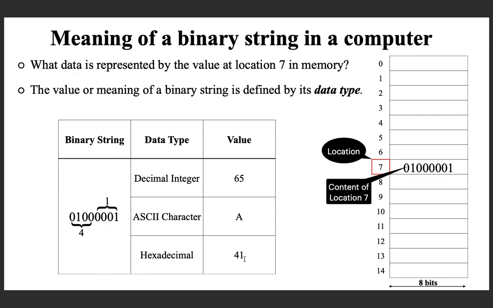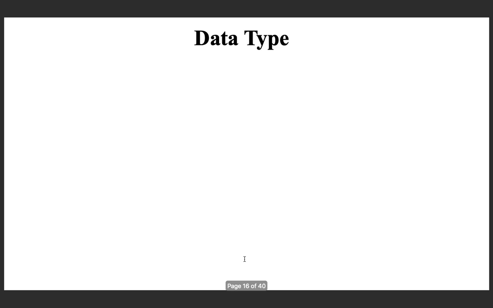We can try to see more formally what a data type is, the single topic for this particular lecture. We have to see the different aspects of data defined by its data type.